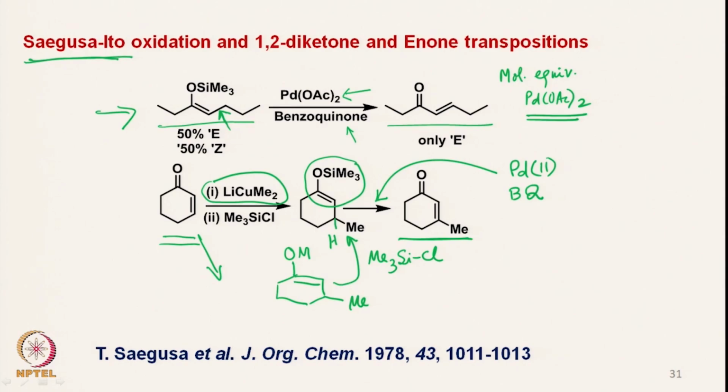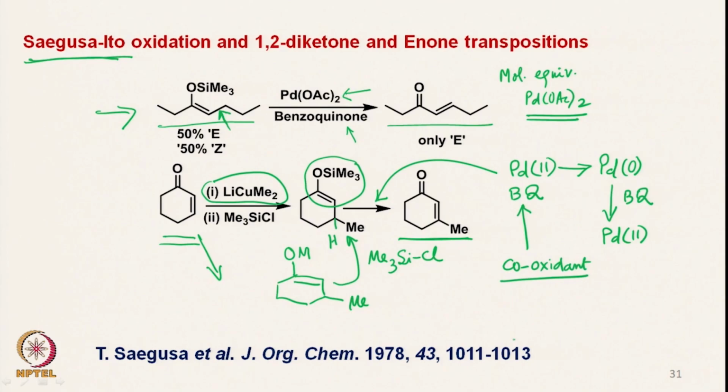Now here palladium 2 is the one that actually does the reaction, but this palladium 2 is converted into palladium 0, which then reacts with benzoquinone and gets converted into palladium 2. So basically benzoquinone is a co-oxidant that is required to convert palladium 0 to palladium 2.